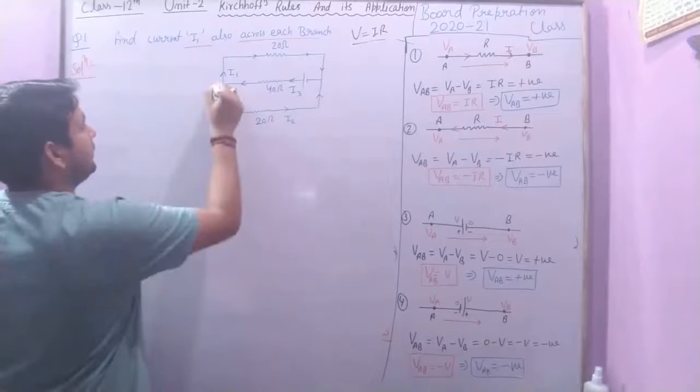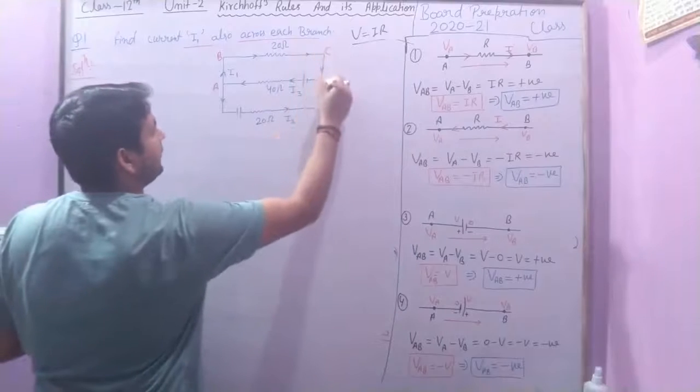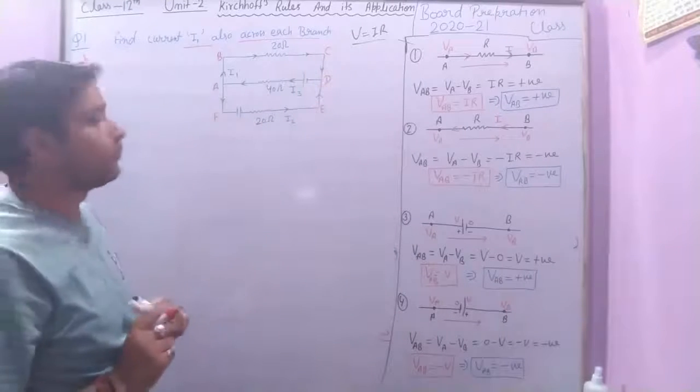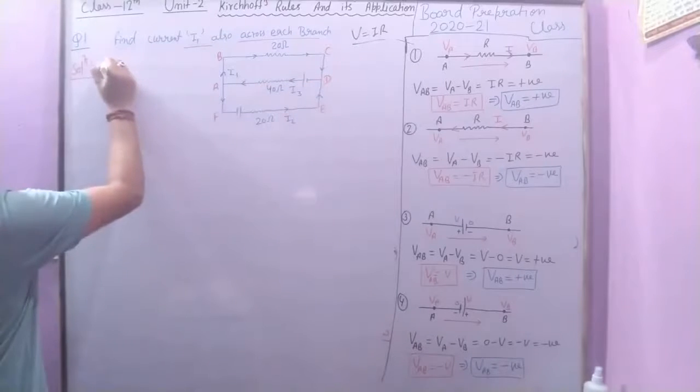So first let's say the circuit is named A, B, C, D, E, F. Now here are three branches.